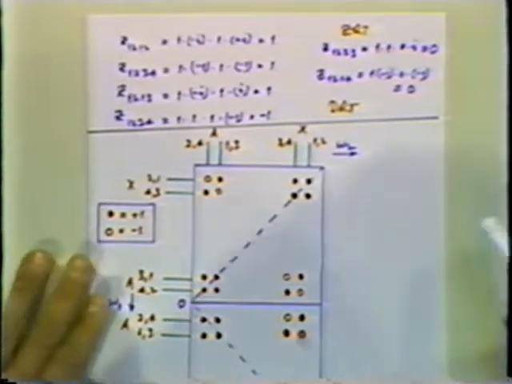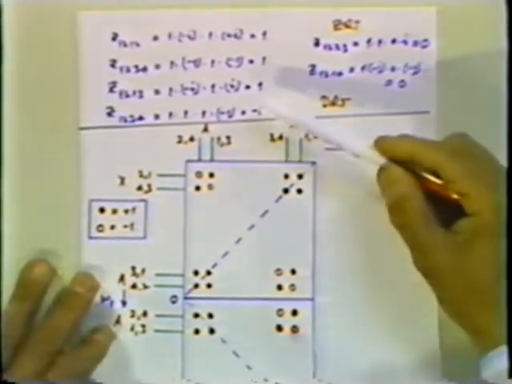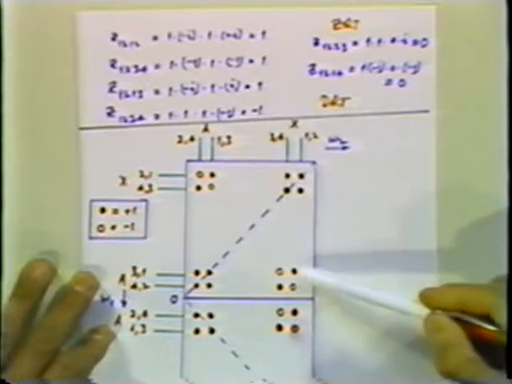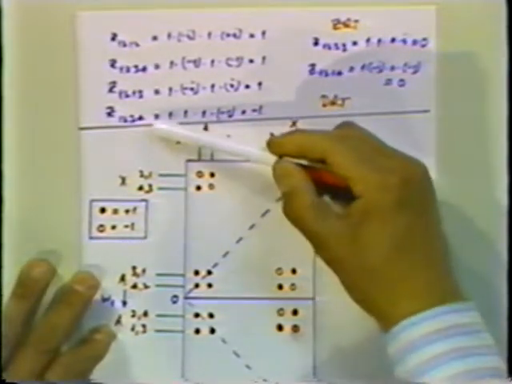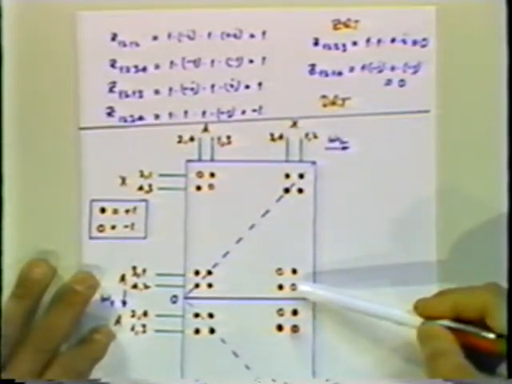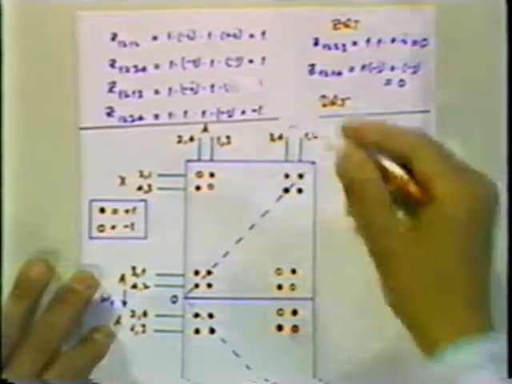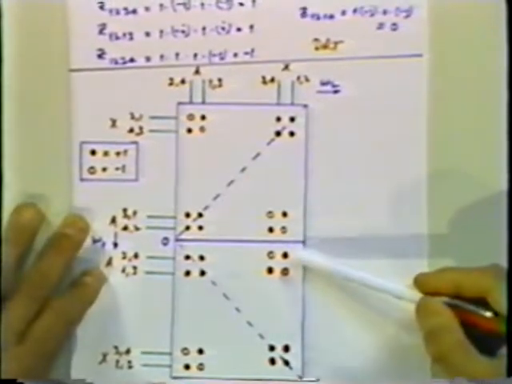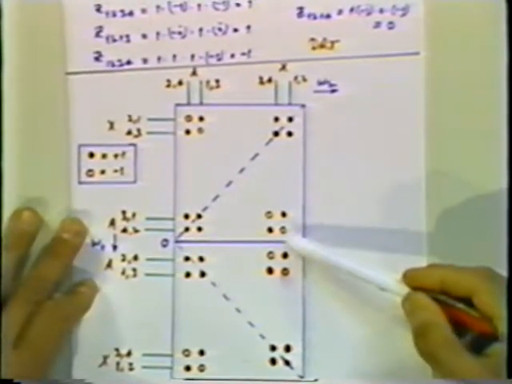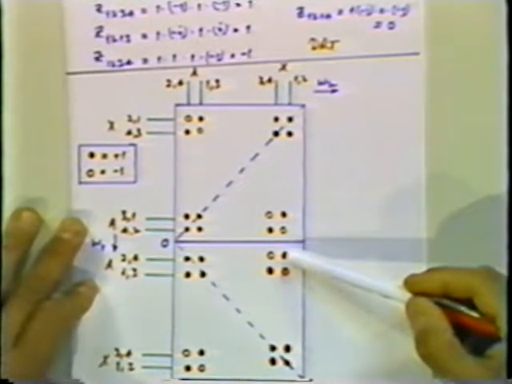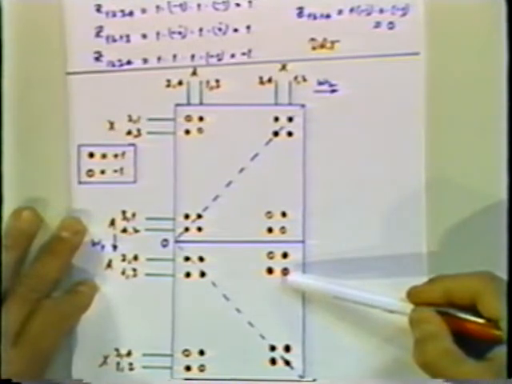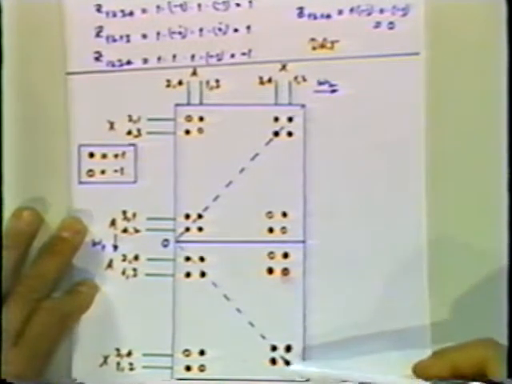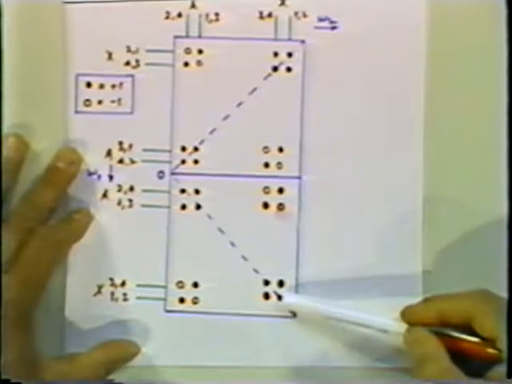So this 1213 has a positive intensity, and 1224 has a negative intensity. What we have not calculated, but I have shown in the diagram here, is that 1224 has a positive intensity, 1213 has a negative intensity, and 1234 and 1212 again have positive intensity.